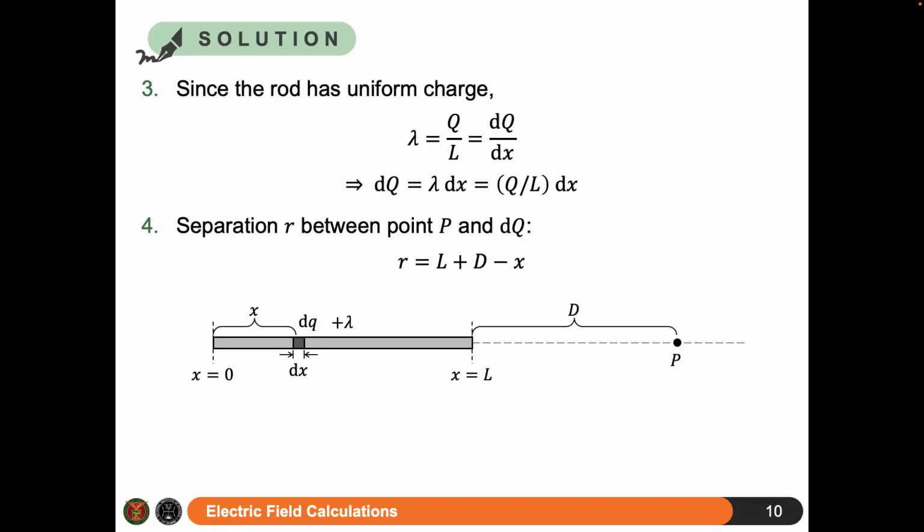Okay. So this is x. So this distance will be x. No, sorry. This will be L minus x. And this is your total distance r. So r equals L minus x plus d. Or L plus d minus x.